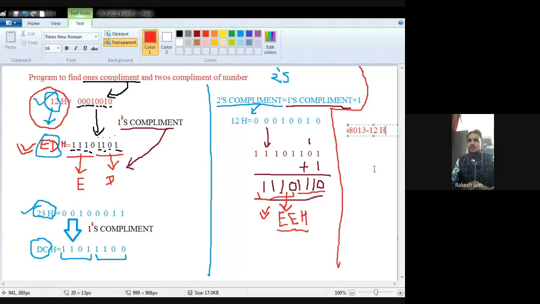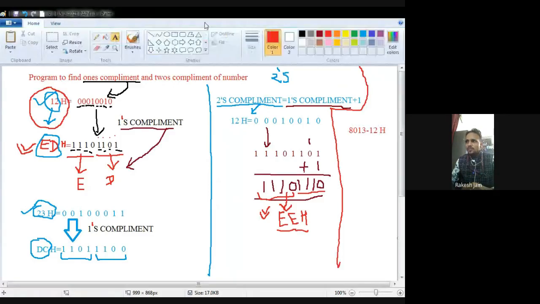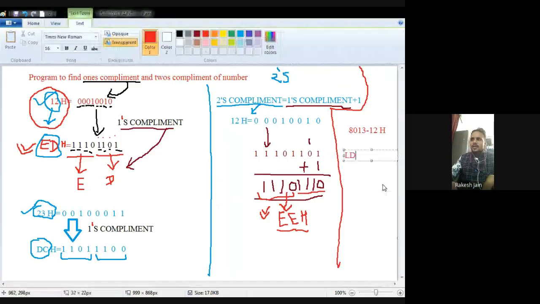Otherwise in decimal it is 18. But we are talking about hexadecimal. So at the memory location 8013 we will load 12H.